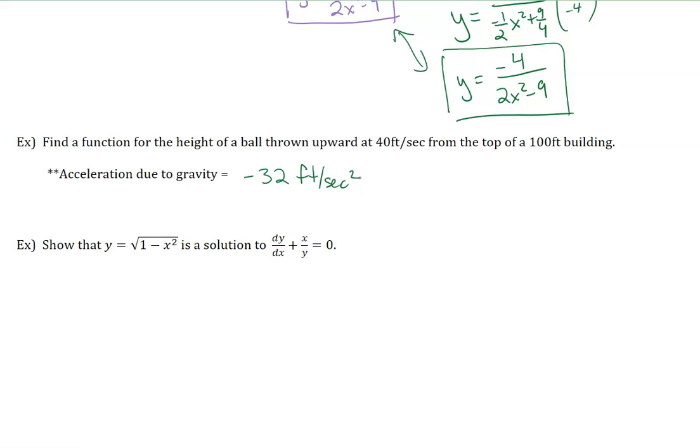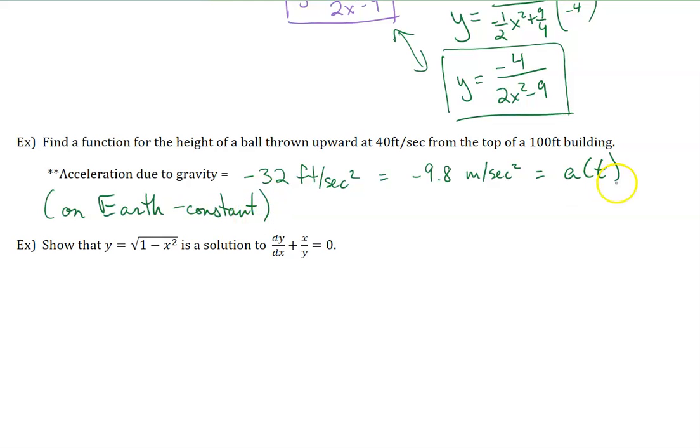If we are in meters, it is about -9.8 or -9.81 meters per second squared. So just use the same units that are in the problem. This is our acceleration due to gravity, and again, this is on Earth, and it is a constant.